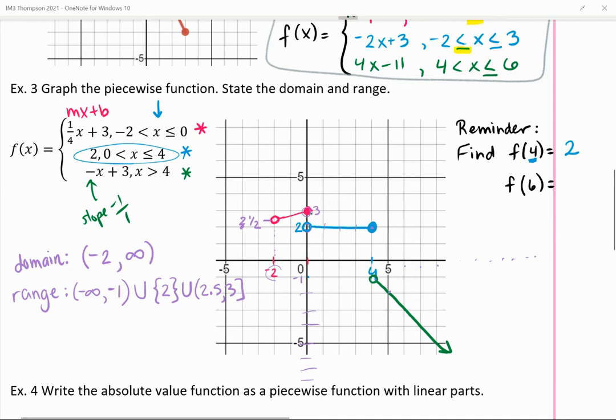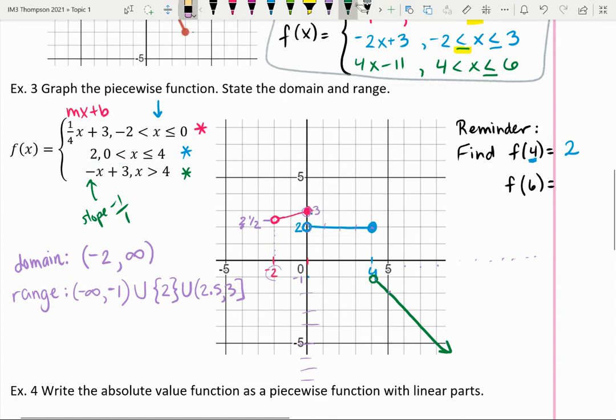f of 6. Where does 6 exist? Well, it doesn't exist between -2 and 0. It doesn't exist between 0 and 4. But it does exist greater than 4. So that's the piece that I have to plug 6 into.